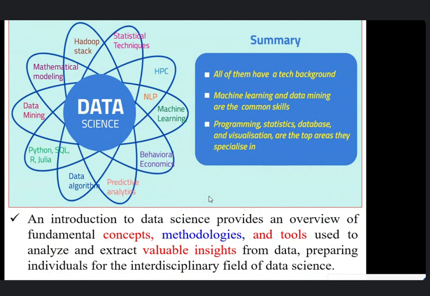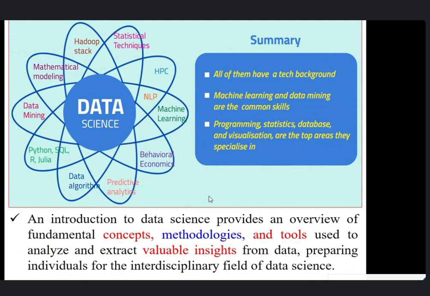Natural language processing is the study of different languages and linguistics; you need to have that knowledge. Machine learning, behavioral economics, predictive analytics, data algorithms, Python, SQL, R, and Julia. Julia is a combination of Python and Java, and is the Julia programming language. Then data mining, mathematical modeling, and the Hadoop stack.